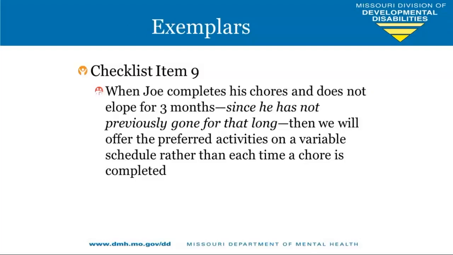So what we're doing, as Stokes and Baer have mentioned, is an indiscriminable contingency, potentially trying to lead to those naturally maintaining contingencies in the process of, one, he hasn't gone that long, and two, we're going to do it on a variable schedule.